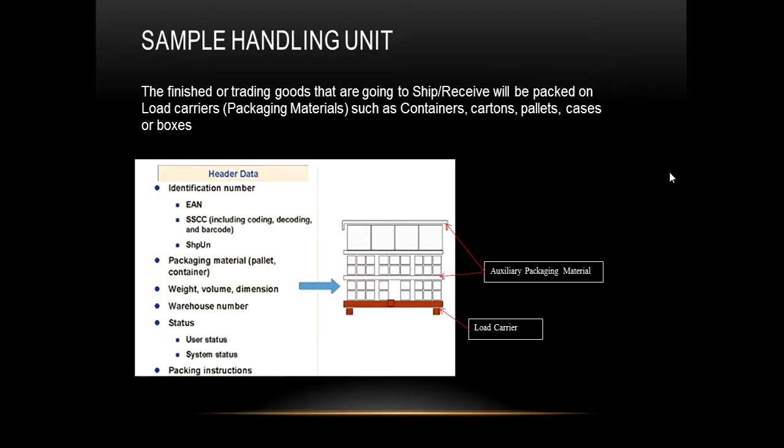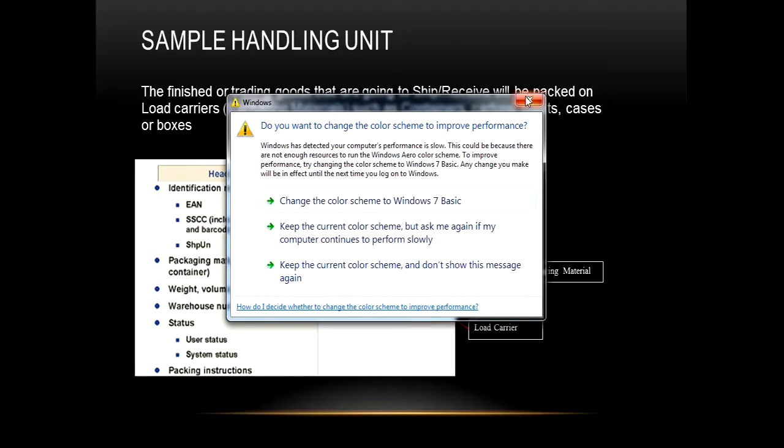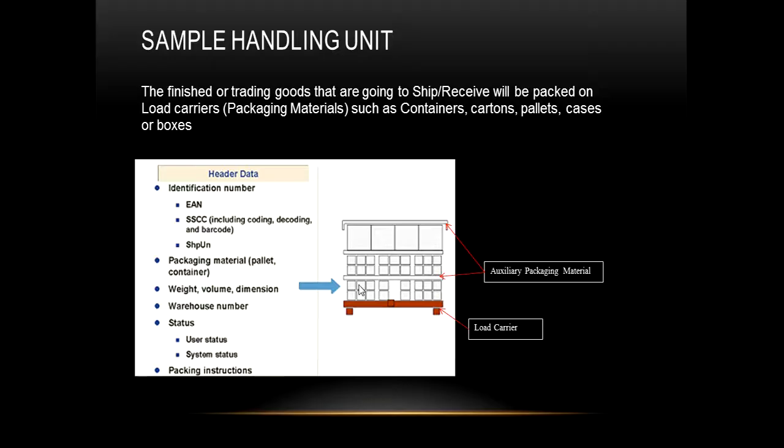So now, before going further, let us see how a simple handling unit looks like. Here in this slide you can see these are all simple cubes. Imagine them as finished materials, and all these finished materials are kept on a load carrier, and in between finished materials there were certain partitions that were used to segregate the finished products in a fine manner.